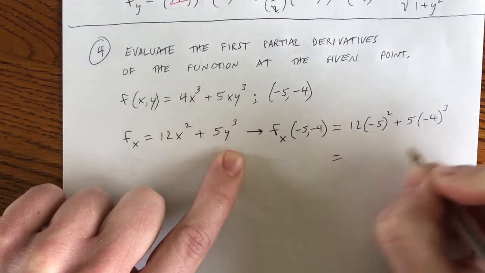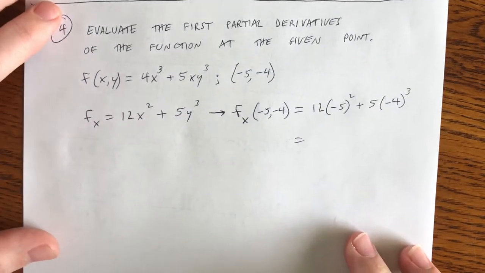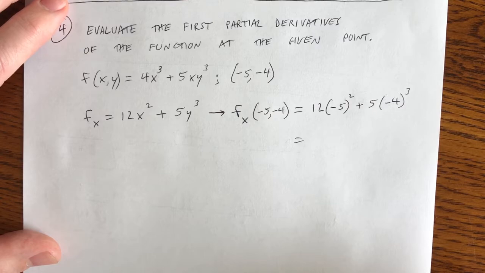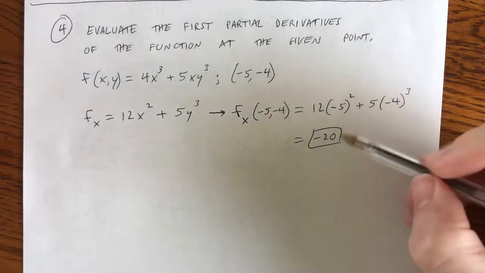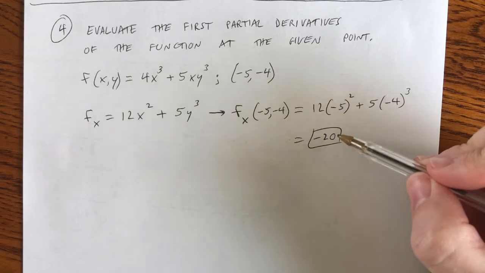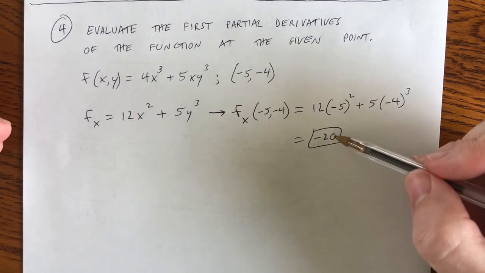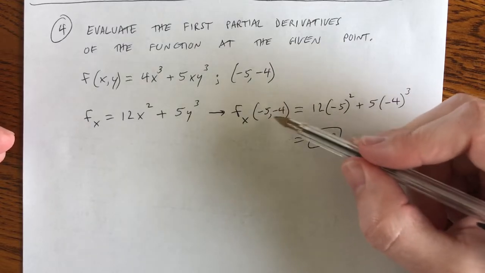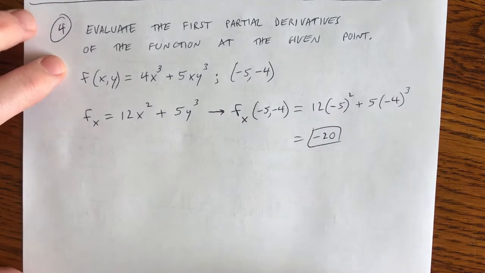If you run that through your calculator, you should end up with, I believe, -20. If you looked at the surface of this 3D model, this actually is representative of the slope with respect to the x-plane at this point in space. But if you can come up with -20, you're in good shape.